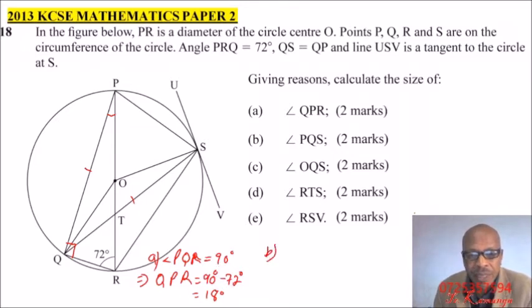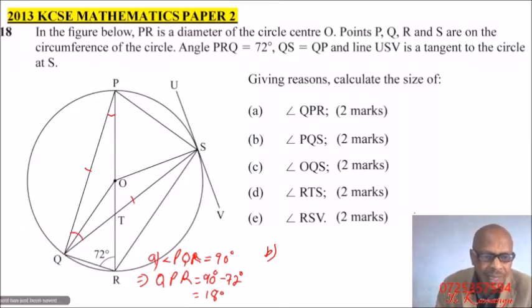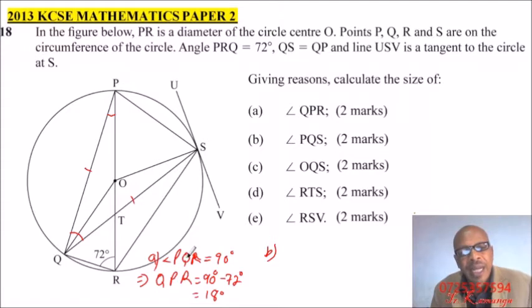Part B of the question, we are told to get the size of PQS. This angle here is the one that we are interested in. What we do is we know PSQ is 72, angle subtended by the same chord PQ.